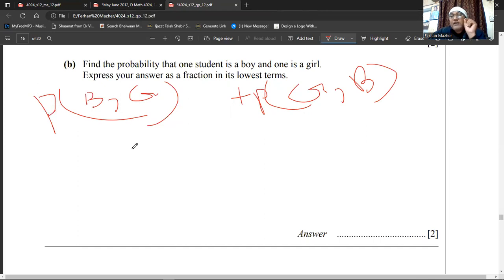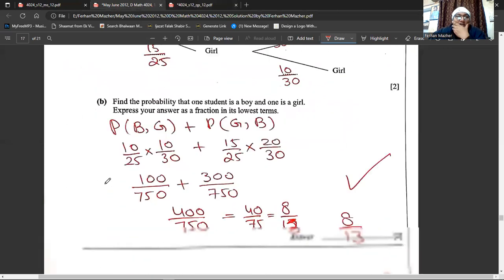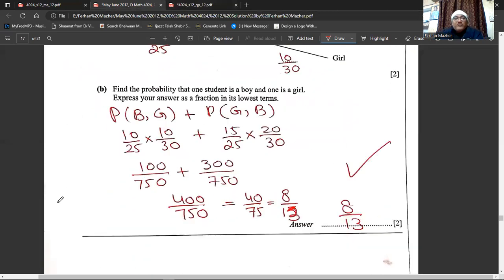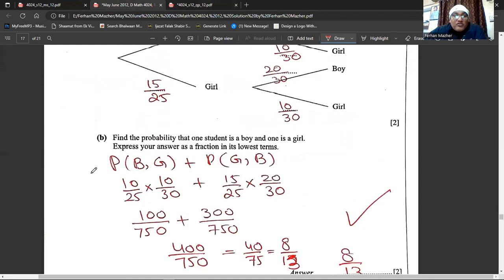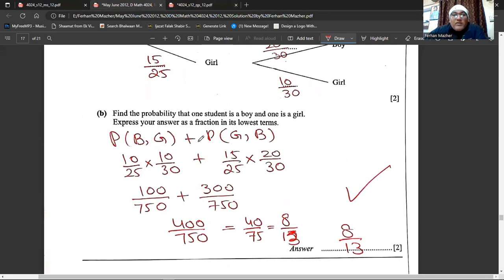Express your answer as a fraction in its lowest terms. So it will be boy, comma, girl plus the girl, comma, boy.